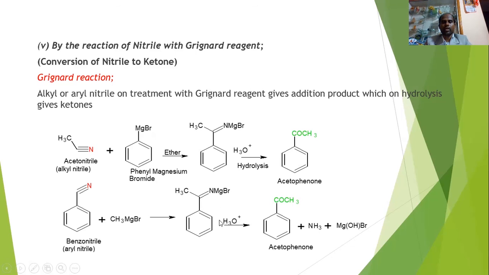This addition product on hydrolysis gives rise to ketones, aromatic ketones.